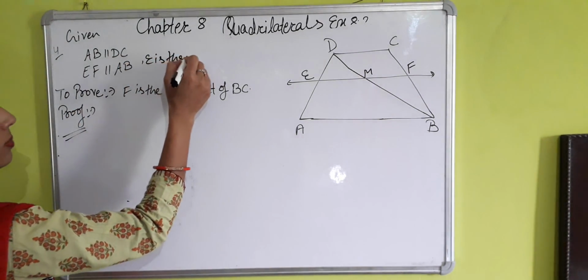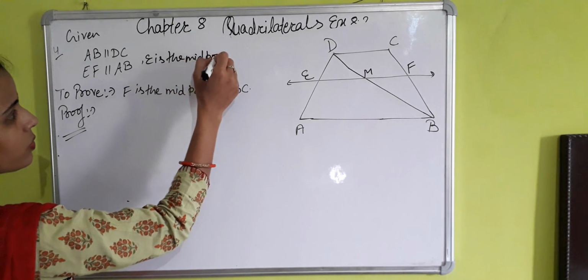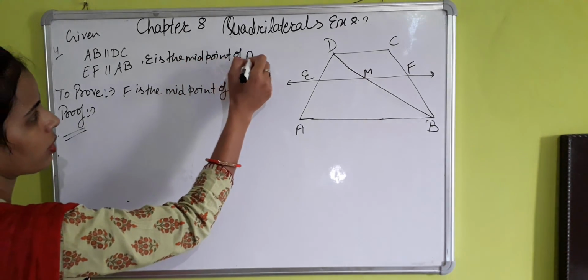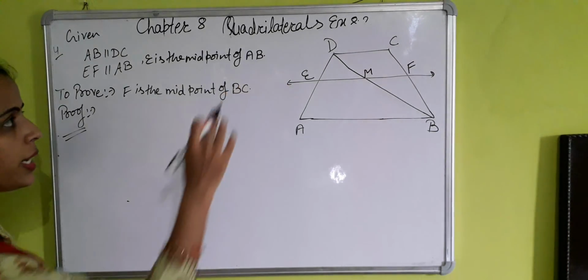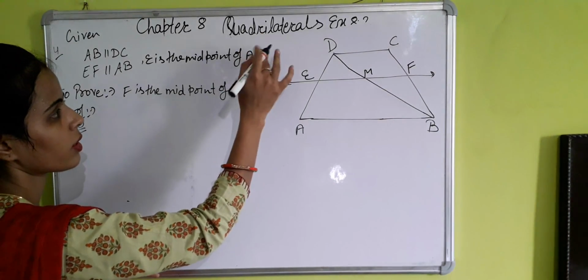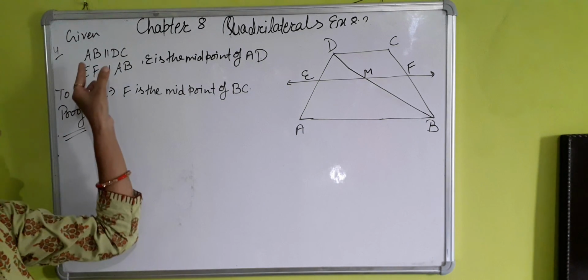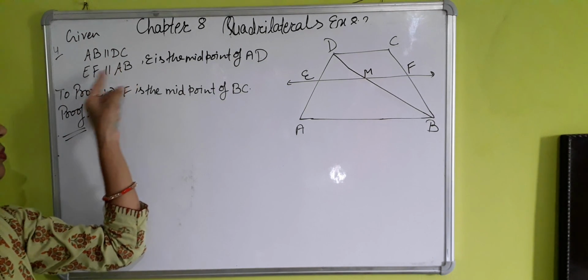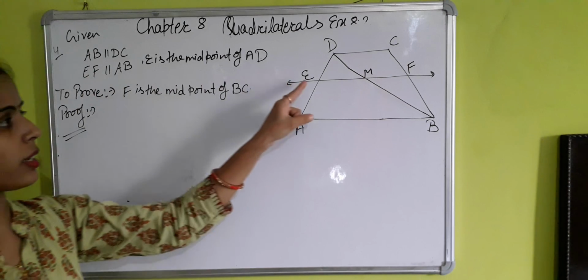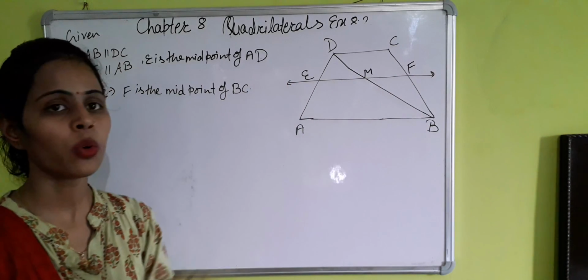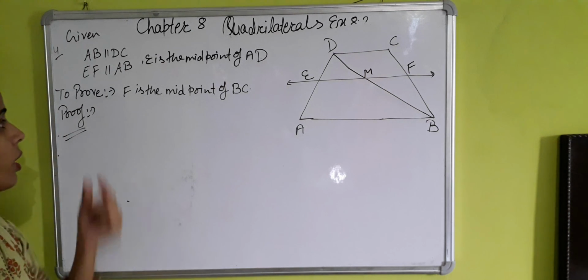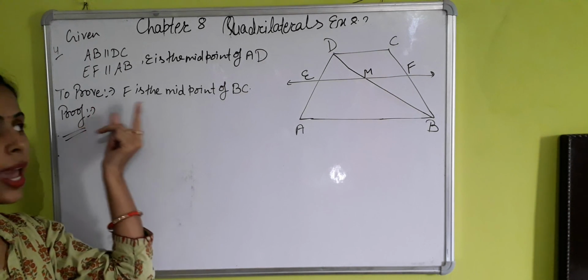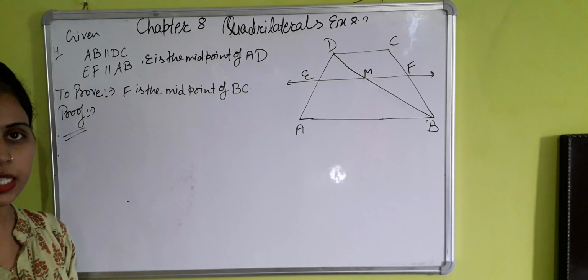Given: E is the midpoint of AD, AB is parallel to DC, and EF is parallel to AB. You have to prove that F is the midpoint of BC.